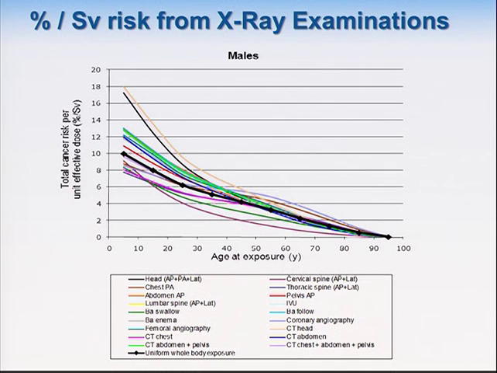So you see, depending on the examination and the organs that are exposed as a result of those examinations, you see a different pattern of the age response in terms of the risk per effective dose, with obviously higher risks at younger ages and lower risks at higher ages.